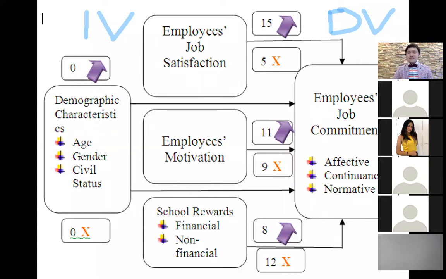Very good. And therefore, to continue, after identifying a blind spot, your goal is to test the hypothesis. Whether the hypothesis on the influence of job satisfaction to job commitment is acceptable or rejectable. That is a hypothesis. And therefore, gagamit ka ng statistical treatment.